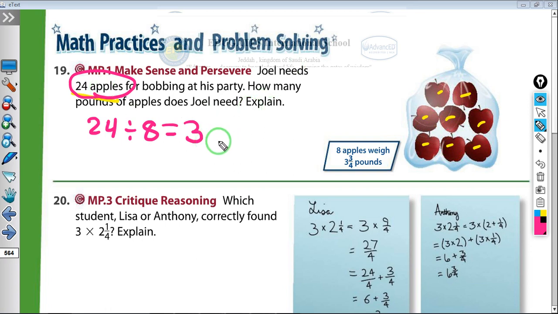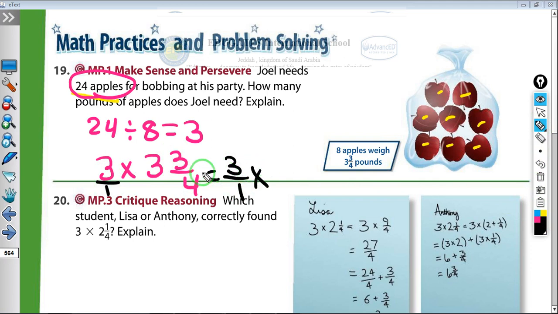Okay? How to multiply 3 by 3 and 3/4? We need to multiply 3 and 3/4 by 3. How to multiply this? The 3, put it 3 over 1.